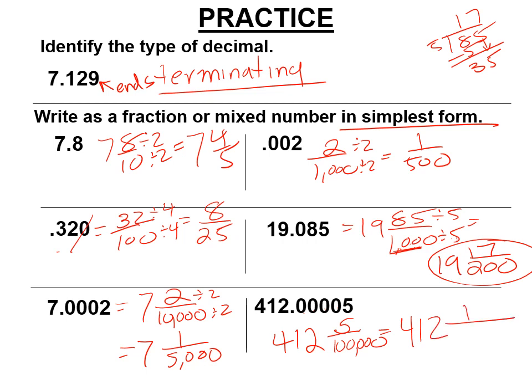So this is going to be a 1. Now 5 goes into 10 twice. 100, 20, 1,000, 200. We just did that up there. Then 10,000, 2,000, and this is 20,000, right? 20,000 times 5 is 100,000. So this is 412, 1/20,000th.